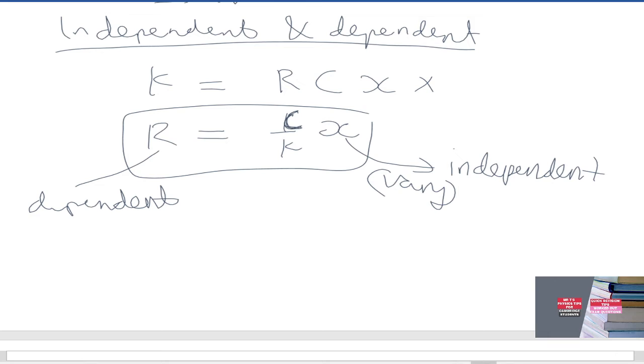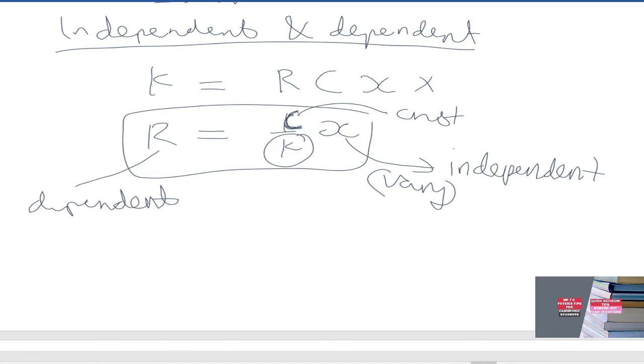And then c is going to be the variable that you keep constant, whereas this one can be a constant of proportionality, a constant that will be present in there, but you may be keeping c constant in that experiment.